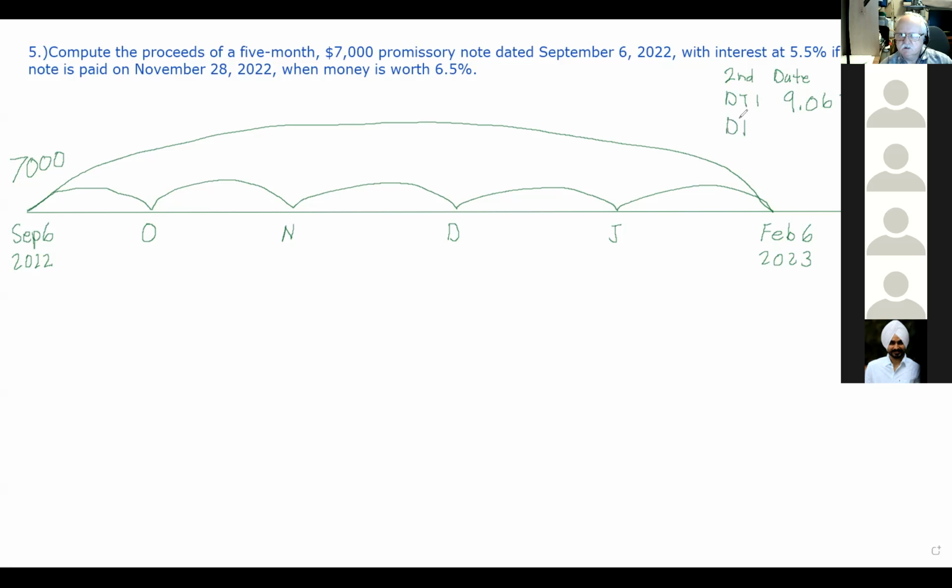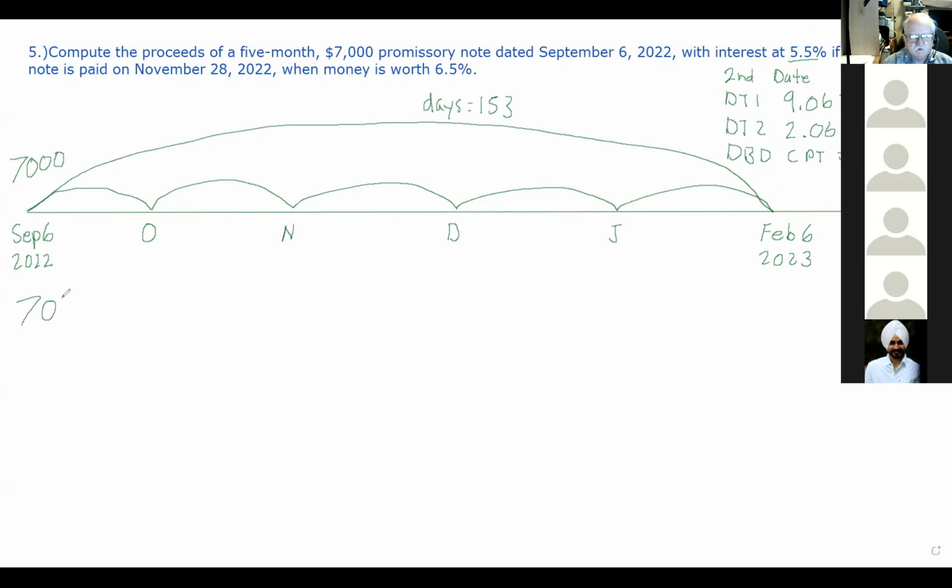So DT2, February 2, 2023, days between dates, compute, and we're being told it's 153. Let's go with that. Days equals 153. So the only difference between this question and the one we just did is that this one has a rate of interest. And so we've got to move this thing forward before we can do anything else.